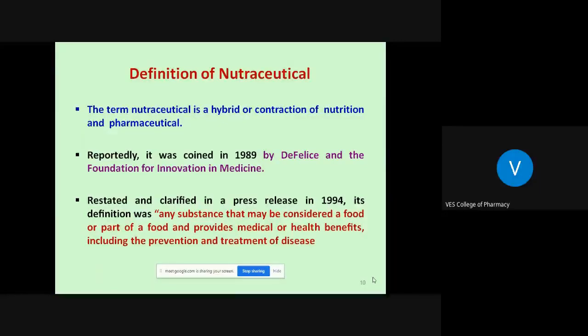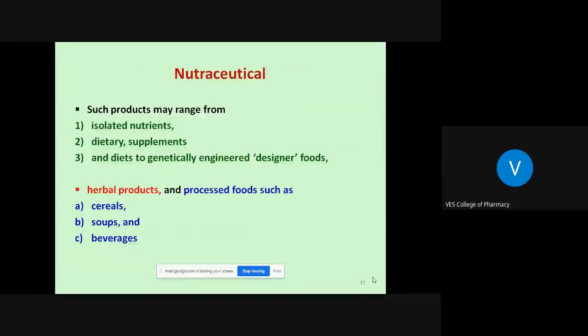So a nutraceutical can be a component of food, a part of food, providing health benefits and medicinal benefit, and it will not only take care of the disease, but also help in preventing the disease. So it is more of a preventive aspect rather than just curing the disease.